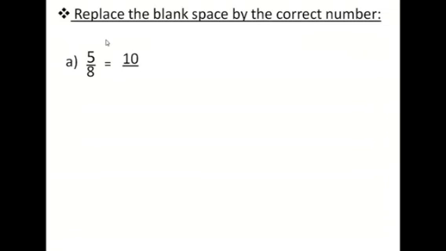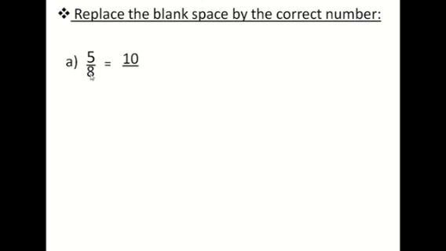Look at the next sum. Replace the blank space by the correct number. So the first question is 8 by 5 equals to 10 by dash. And that blank space you have to fill it with the correct number. So looking at the sum, you can understand it is a sum of equivalent fraction because here the 5 changed into 10. So if you multiply 5 by 2, you will get 10.